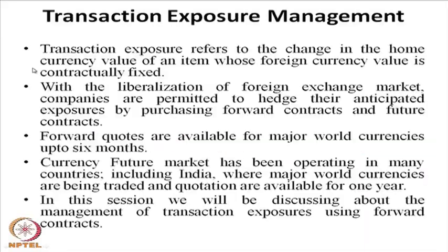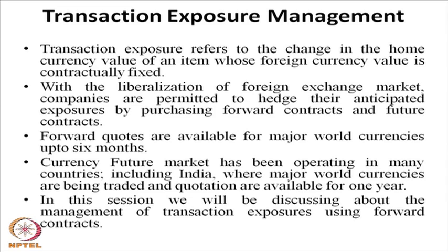Let us move to transaction exposure. What is the actual meaning of forward contract? As we discussed in the earlier session, transaction exposure refers to change in the home currency value of an item whose foreign currency value is contractually fixed.